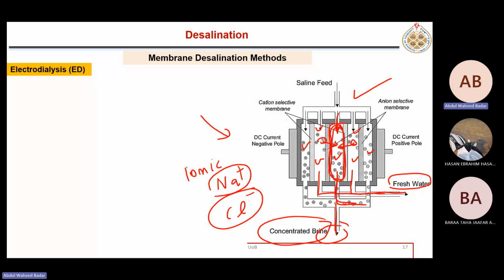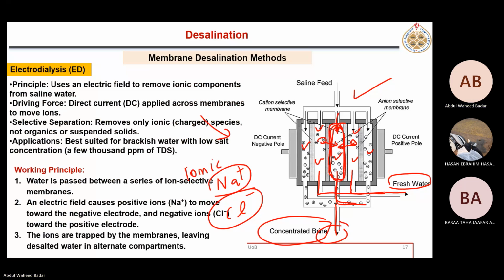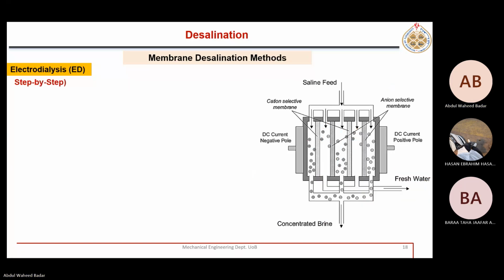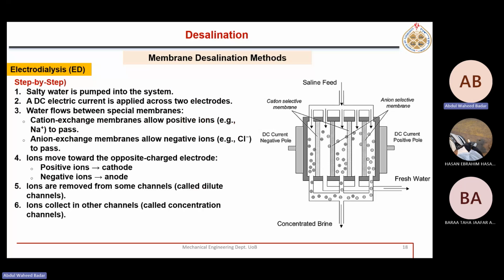But still, this is also used to desalinate normal water. So hopefully this is clear. Just read through the working principle and the step-by-step method, which I have already explained.